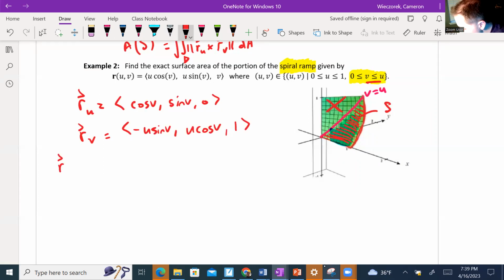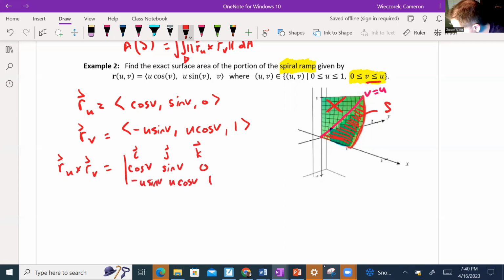r_u cross r_v: i, j, k, and put those components in. Make sure you're very careful about labeling your u's and v's so you don't get lost here. As soon as you mess one up, the calculation goes awry. Okay, so what do we get? We get sine v minus 0, which is just sine v.